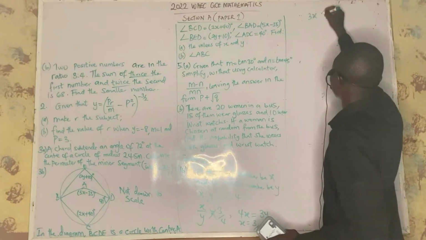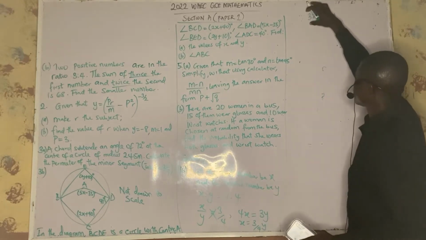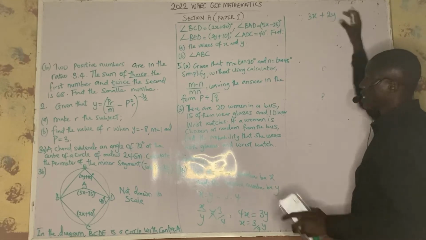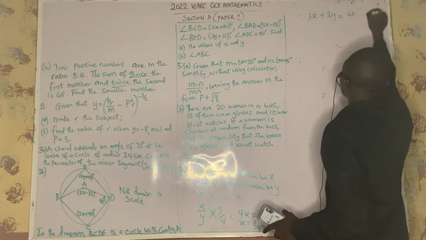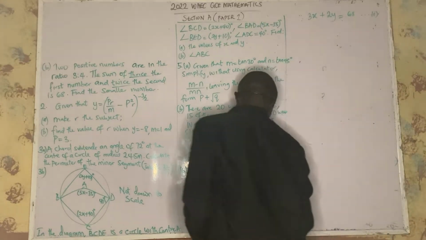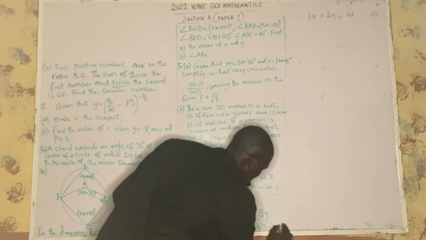So 3x plus 2y, that is three times the first number, x, and twice the second number, added, will give us 68. So that should be equation 2. You can call this one equation 2 and call the other one equation 1.